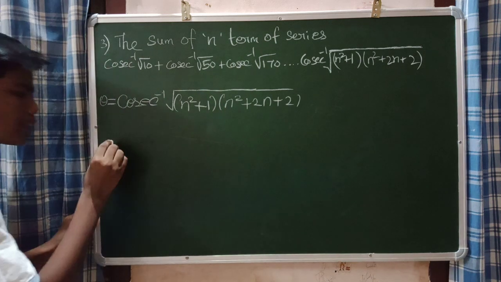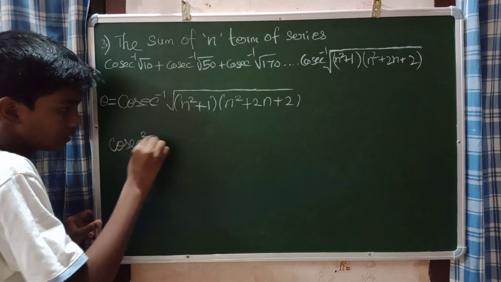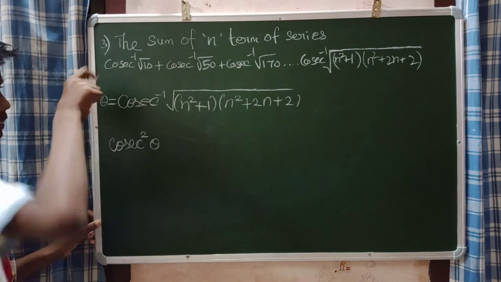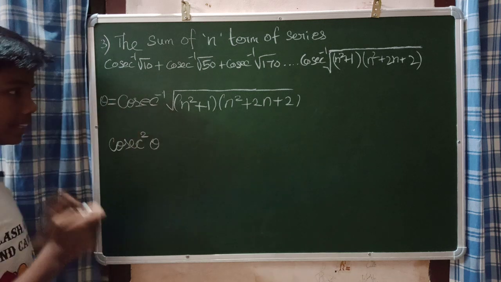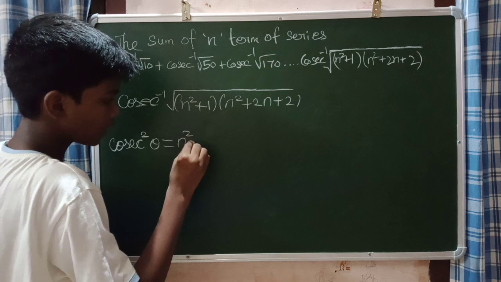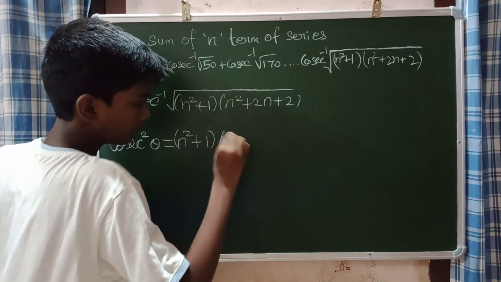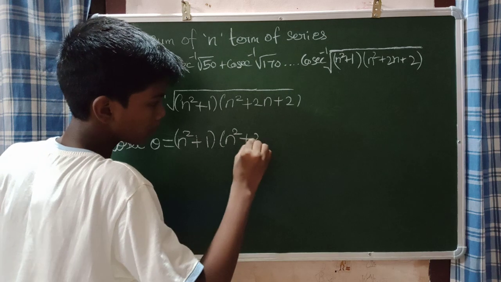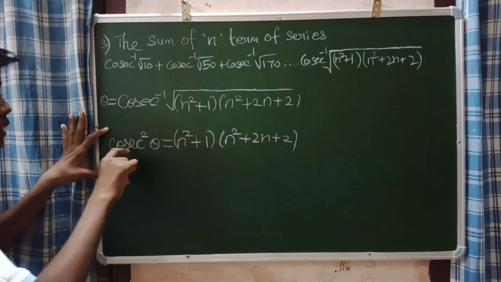Now, what will be the cosecant square theta, guys? The cosecant inverse goes to this side, which means it becomes cosecant theta. I am squaring, which means cosecant square theta. So the new value you will get is (n² + 1)(n² + 2n + 2).